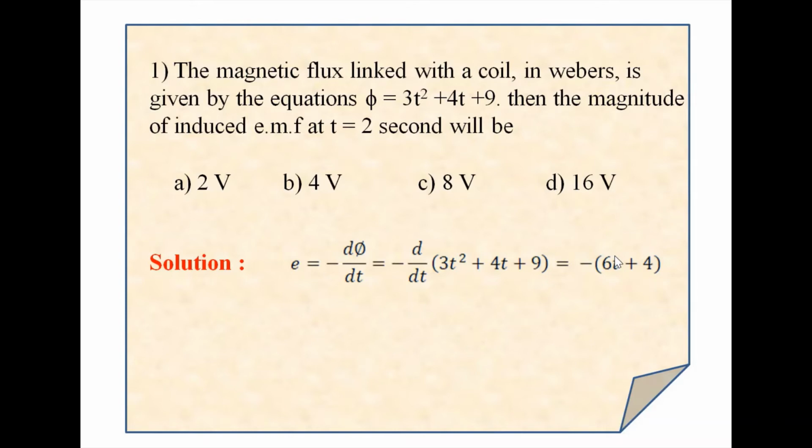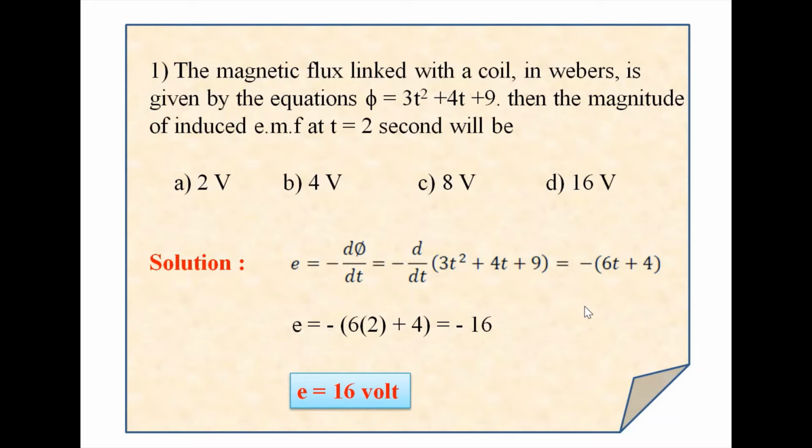Putting in the values as per the given problem condition, E equals minus (6 into 2 plus 4). Solving this, we get minus 16. So this minus and this minus become a plus. The final answer is E equals plus 16 volt. So here option D is correct.